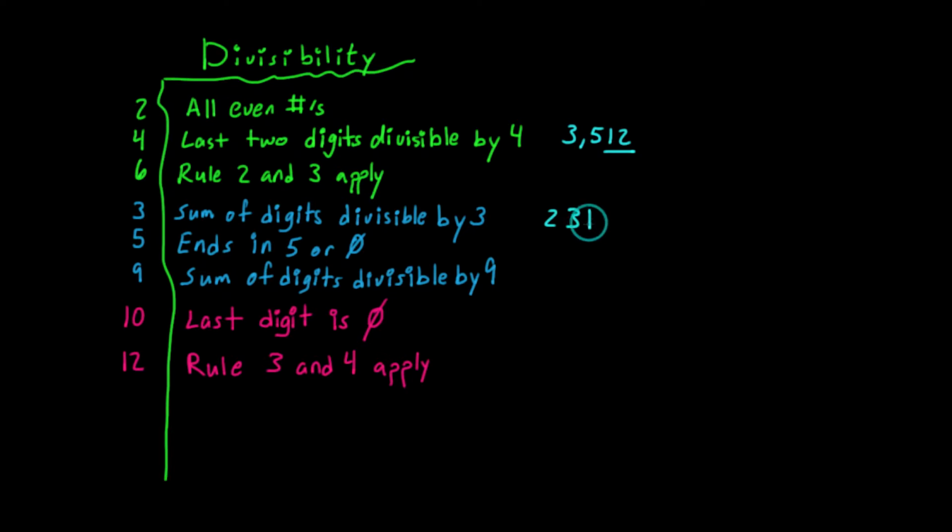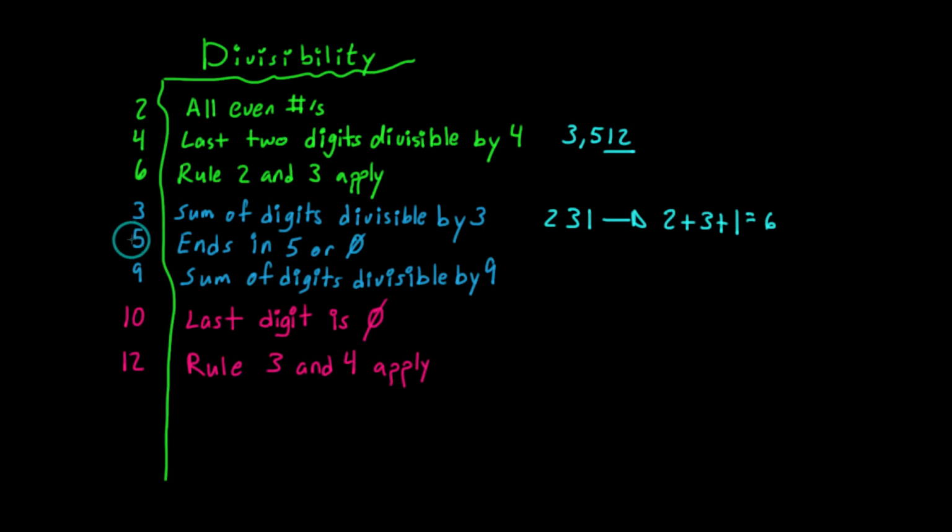If I add up these digits, 2 plus 3 is 5, plus 1 is 6. And 6 is divisible by 3, so 231 must be divisible by 3.